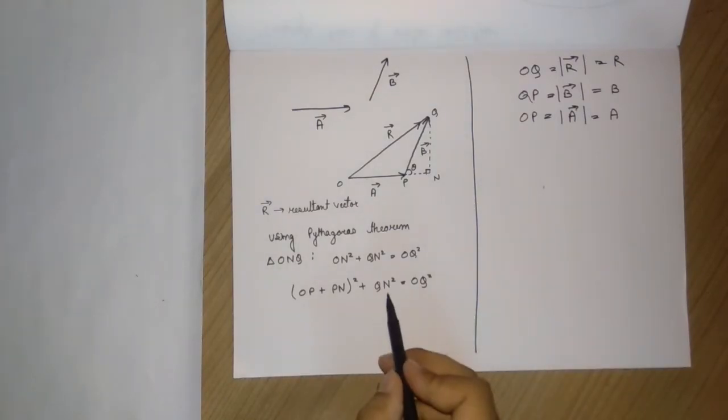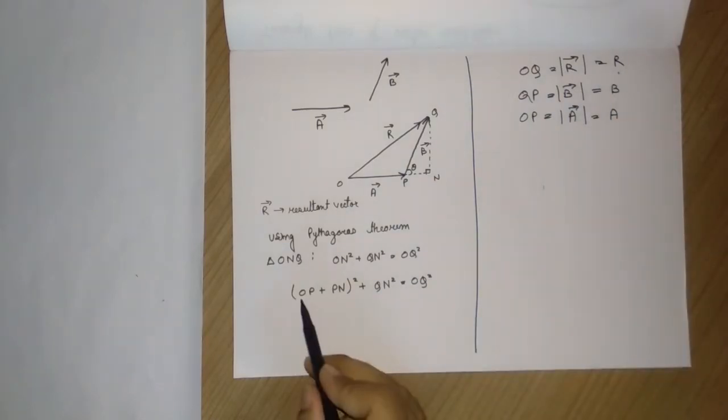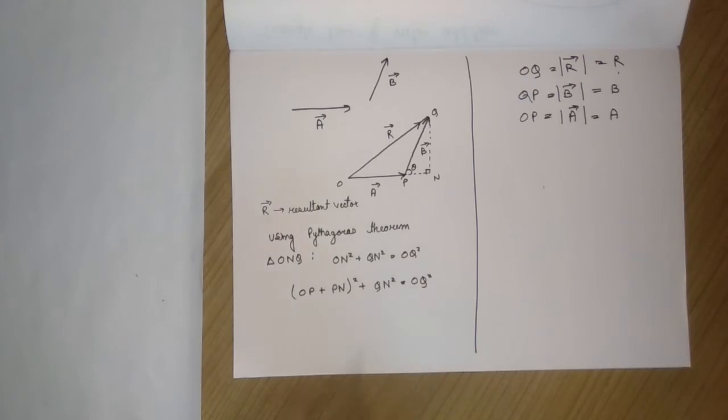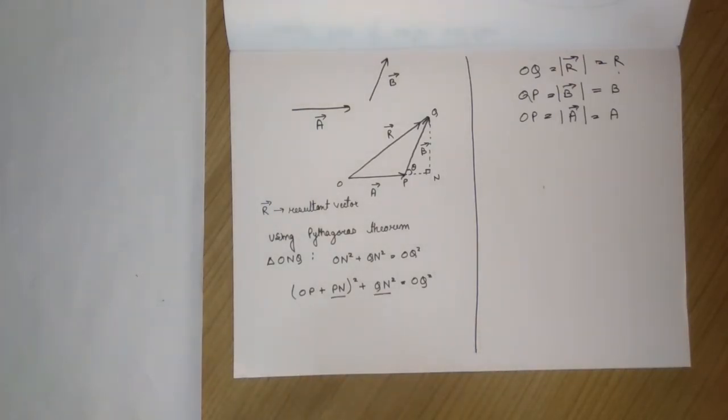Then how do we find QN? We know OQ, which is R. We know OP, which is A. But we need to find PN and QN. How to find PN and QN?